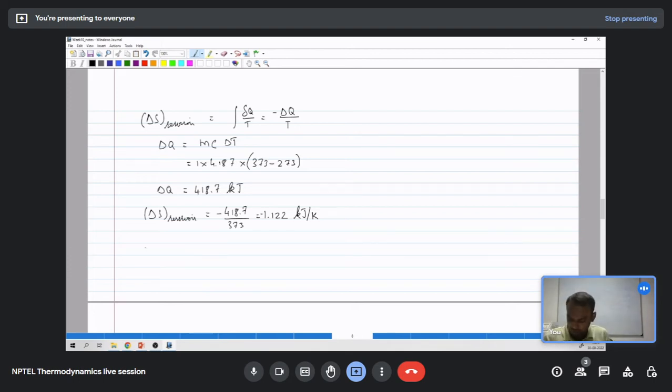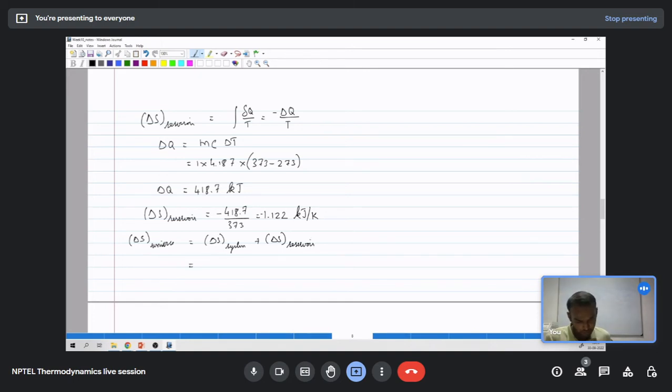Now calculating the entropy change of the entire universe, we have delta S of the system plus change in entropy of the reservoir.